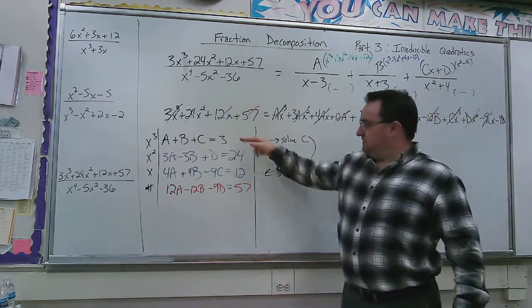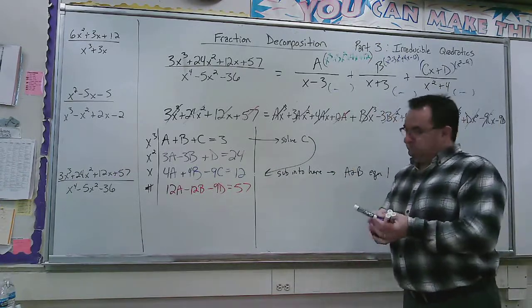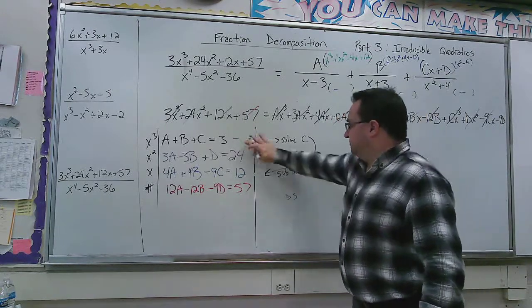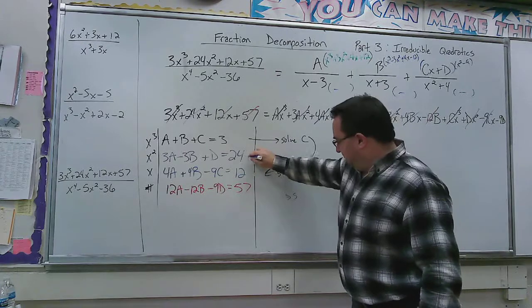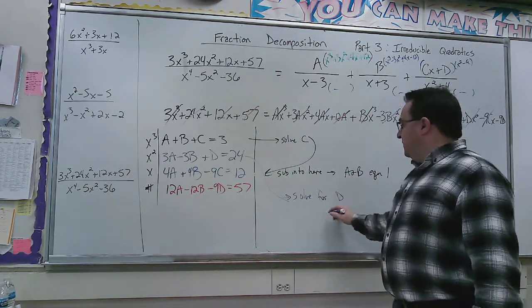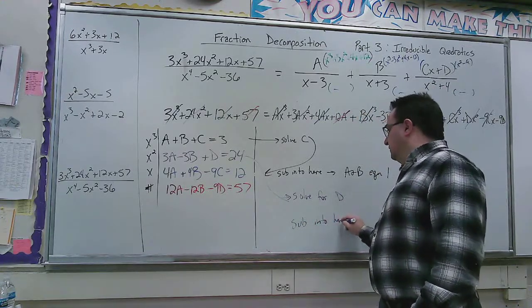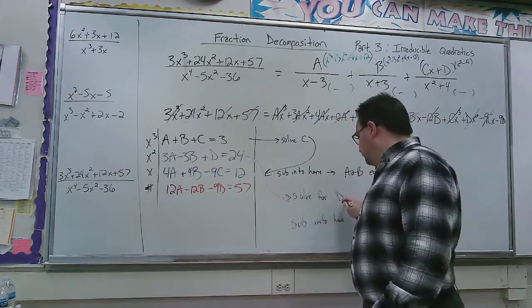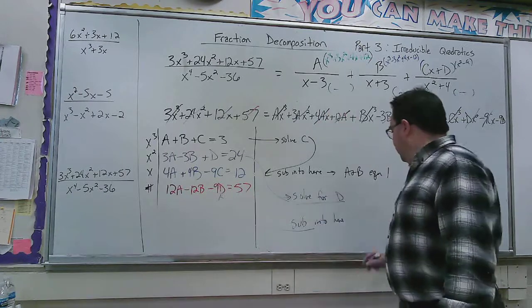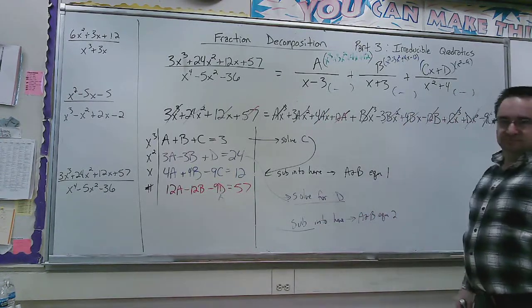So by using these two equations, I could whittle those down to a new equation that only has A and B. Then, if I took this equation and solved for D, and then substituted into here, I would get A and B equation 2.